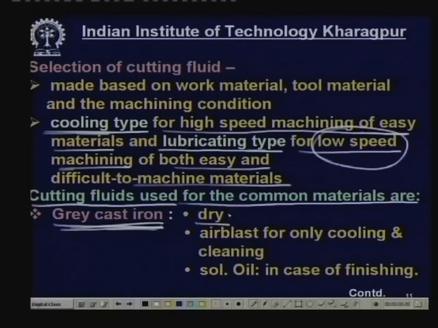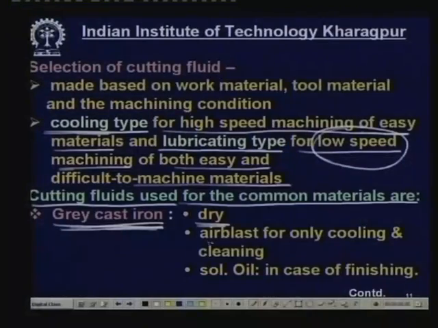Preferably dry, because if we take any cutting fluid in liquid form, that mixes with the dusty particles or chips of the cast iron, and that forms a material like a paste, and this paste causes a problem. Not only that, it increases the friction and damage of the tool. So, fluid should be avoided in machining grey cast iron, which produces very fine tiny discontinuous chips with graphite.